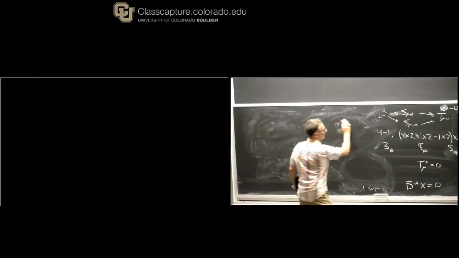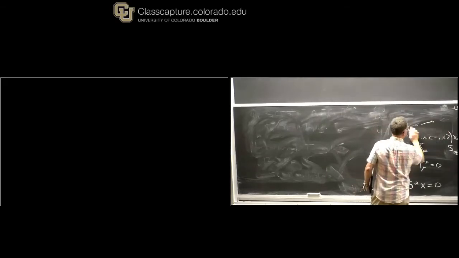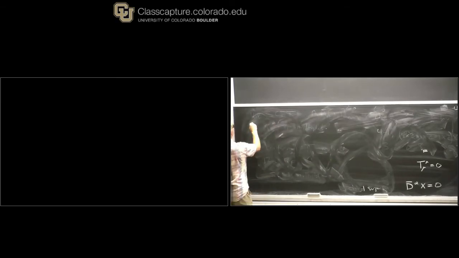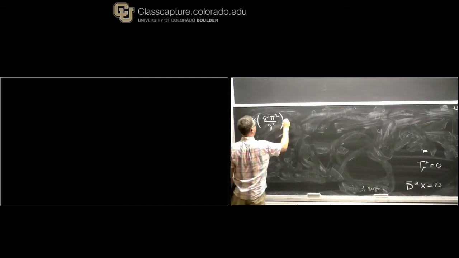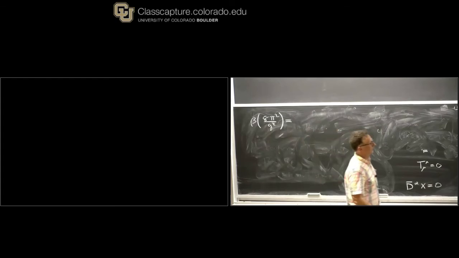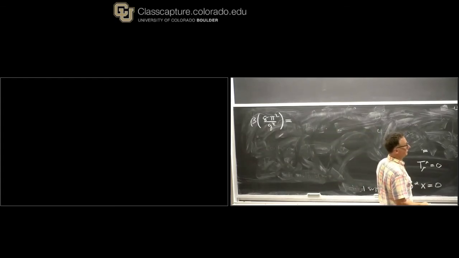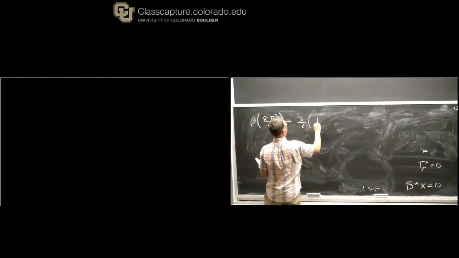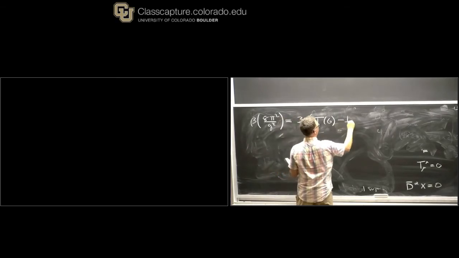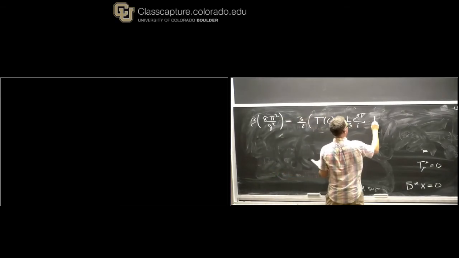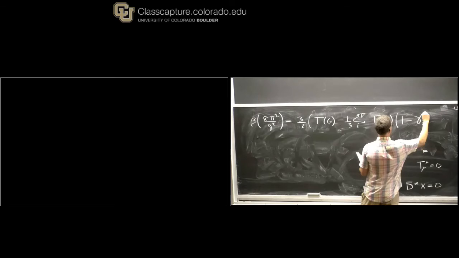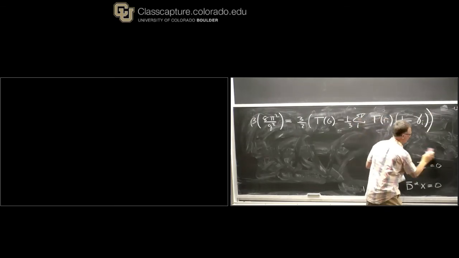Okay, so if we write down what we get from this, we get that the beta function of 8 pi squared over g squared is equal to 3/2 times that. I hope I copied it right.